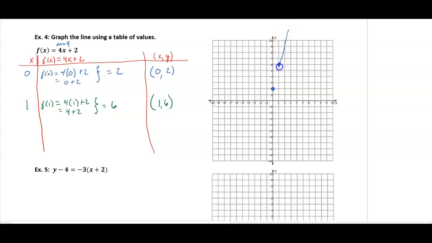However, I use a third point to check my work. So I'm going to let x equal 2. F of 2 equals 4 times 2 plus 2. 8 plus 2 will give me 10. Ordered pair, 2, 10. Does that point land on the line? Yes. Therefore, I know I did all my work correctly.